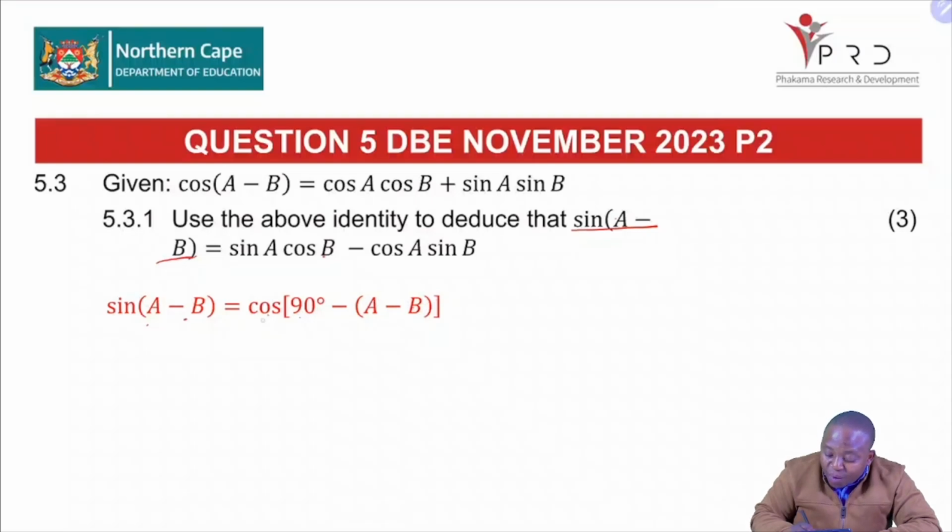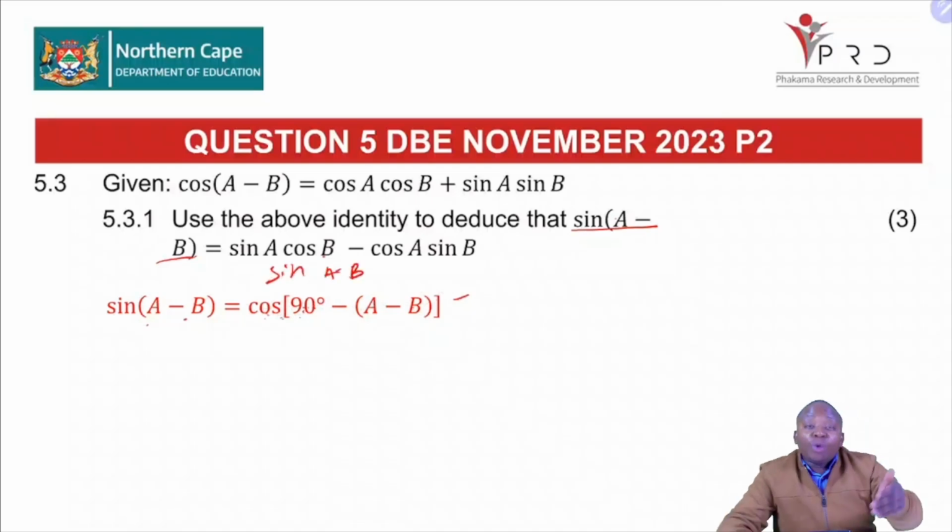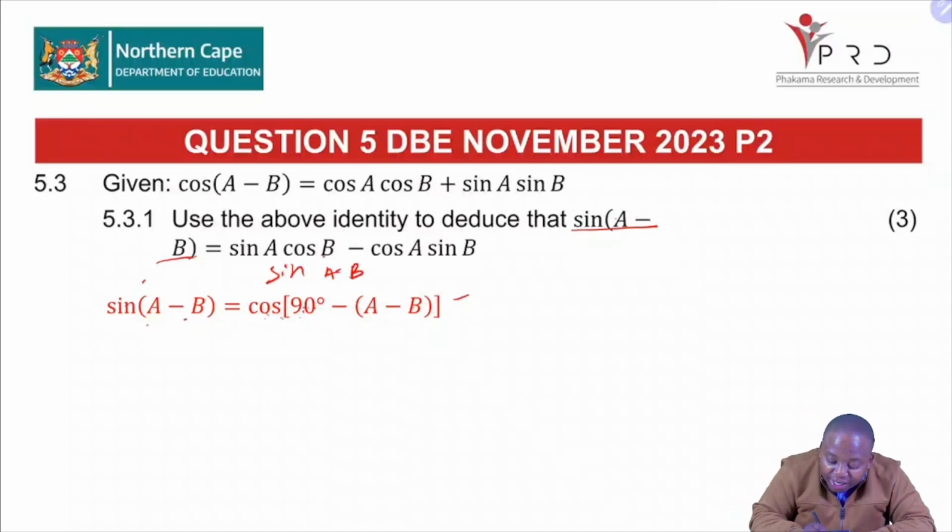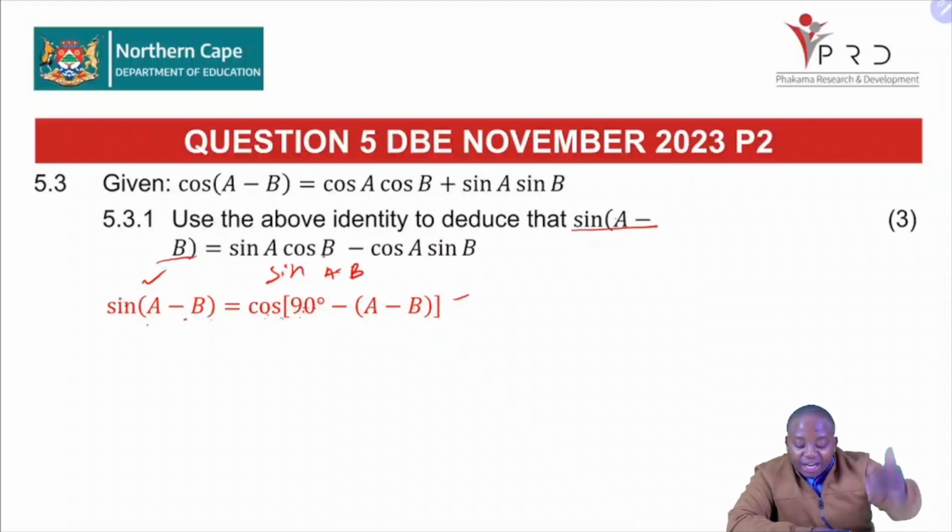If I work this around, it's going to give me back sine(a minus b). We are going to utilize the co-functions around the sine, and I'm still not changing anything because the co-function of sine becomes the cos.